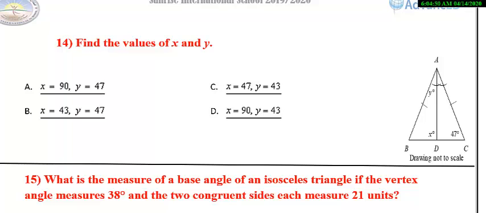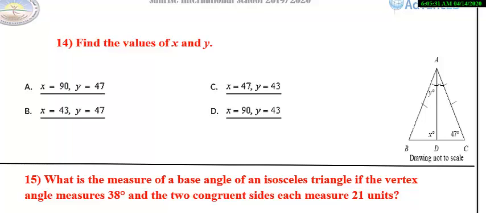C, x is 47 and y 43, that means x is greater than y. And number D, x is 90 and y is 43. Which one of those, A, C, and D, is the correct answer? We need to go through the procedure and the given information to find out the correct answer.